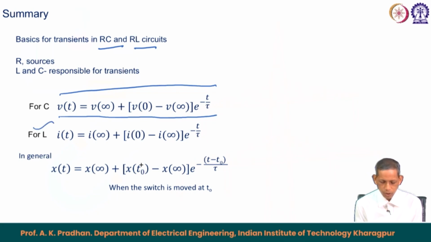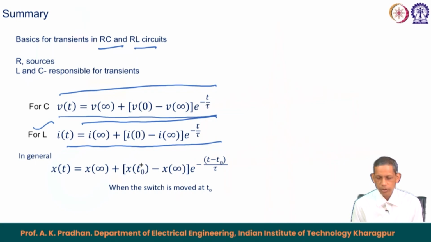For L, we got the corresponding I infinity plus (I naught minus I infinity) e to the power minus t by tau, and this relation we got from the steady state and the transient part of the circuit. So, this is the transient part and this is the steady state part.